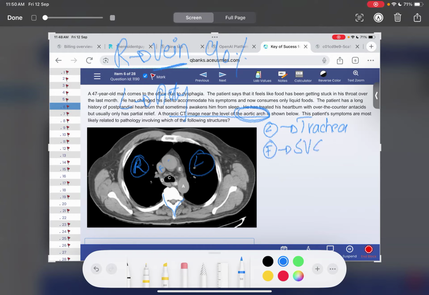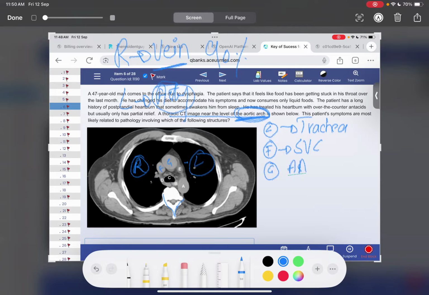What's your G? G will be toward the left side. So left side means artery, and this artery is your ascending aorta. It is at the level of the aortic arch, so it is the ascending aorta. What's E over here?